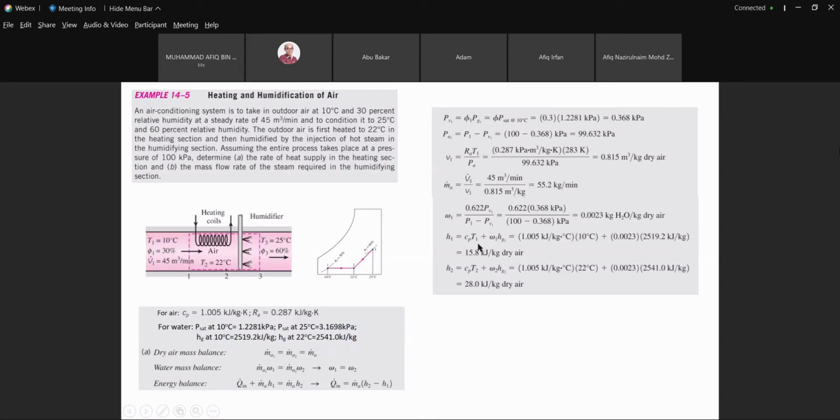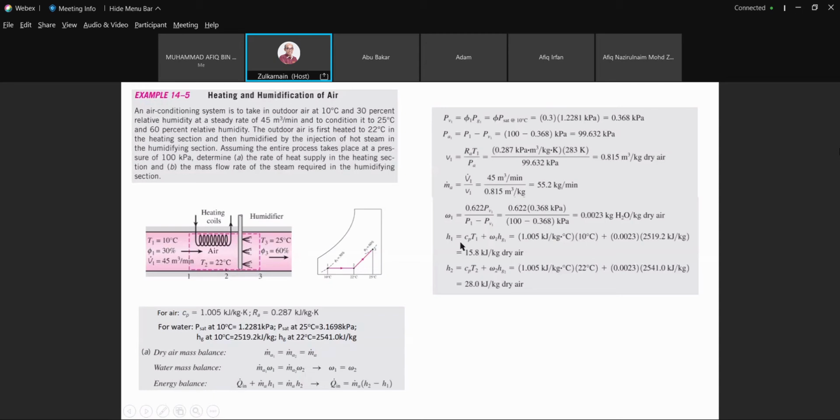H1 is equal to Cp T1 plus omega 1 Hg1. In this case, Hg1 is equal to 2519 at 10 degrees C, according to state 1. For state 2, this is Hg2, at 22 degrees C, which is 2441, Hg at the given temperature.